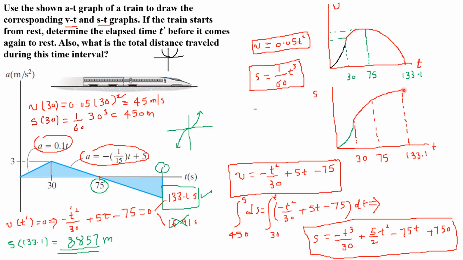If this curve crossed this axis, it would mean that at that time we had gone back to zero, but that's not the case. We have found that the distance traveled during this time interval was almost 9 kilometers, a little bit less than that.